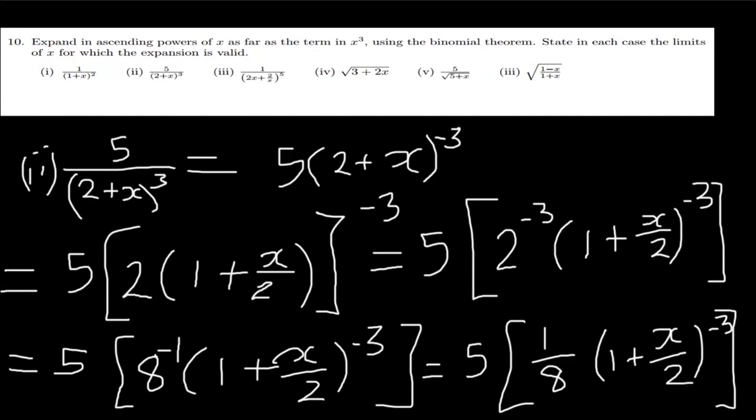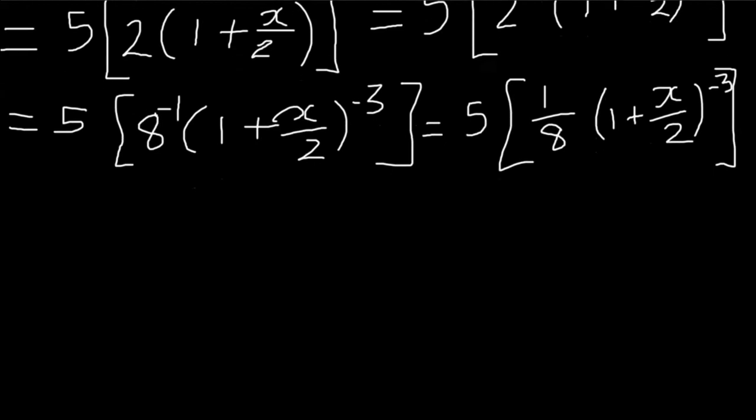So this is how simple it is. We move on to the next step. So we all know that this 5 can multiply with that, right? Yes, we can multiply, we can open the brackets now. So we're going to have something like this. 5 times 1 over 8 is just nothing but 5 over 8.